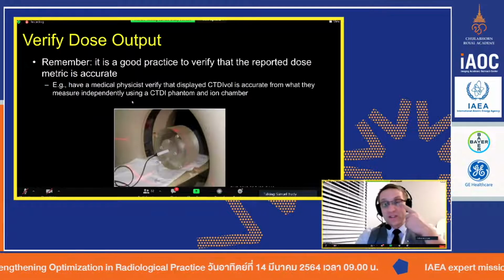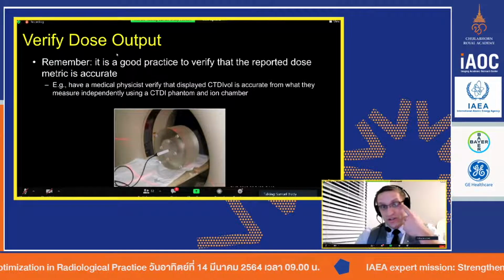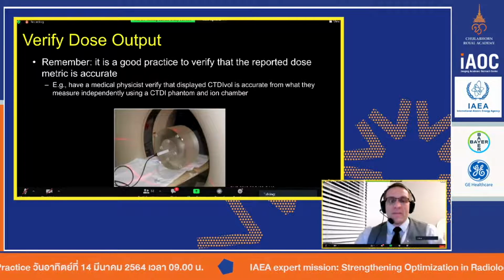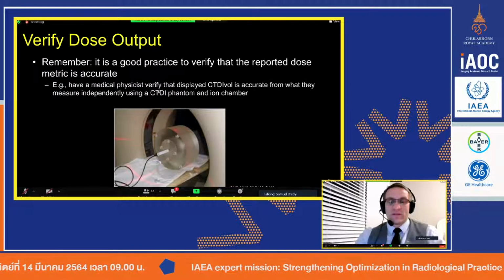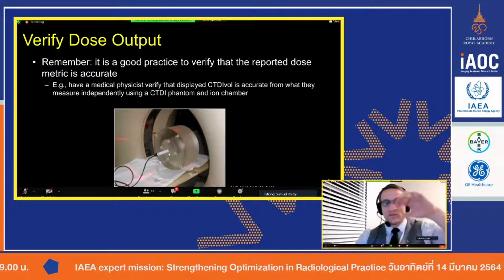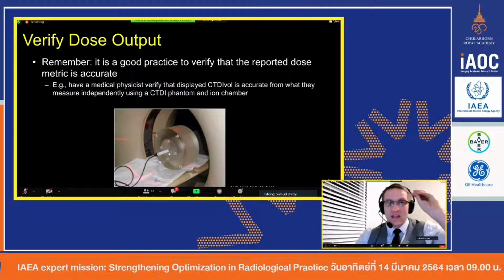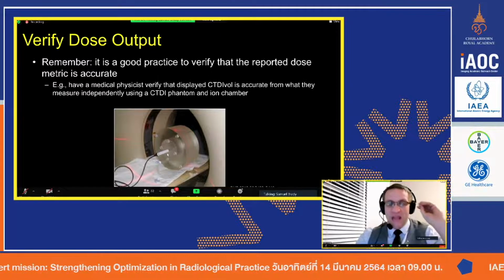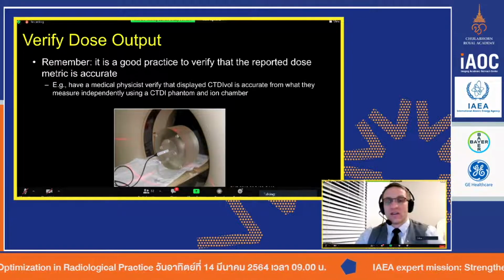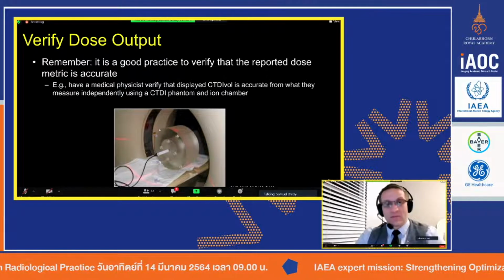And then just as a reminder, I showed this slide last week, or 2 weeks ago, I should say, you need to know that the value you're using to compare at the hospital to your national DRLs is a good value. It's accurate. And so you need to be constantly checking, for example, the volume CTDI to make sure it is accurate.